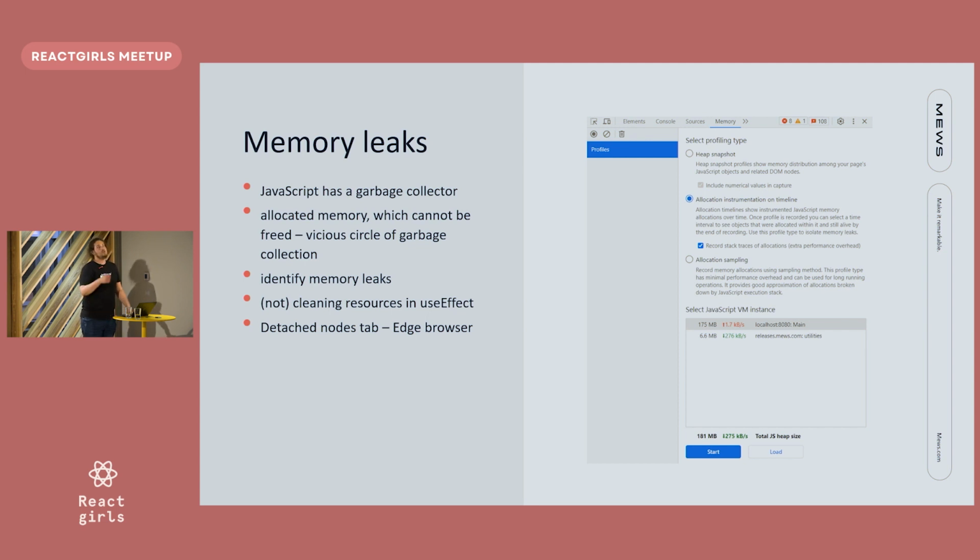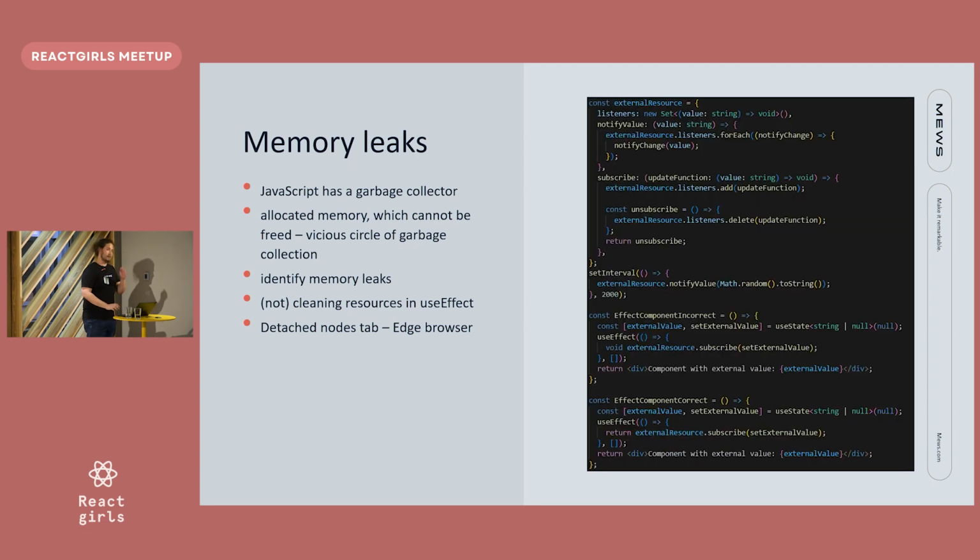These nodes are usually, for example, stale pages, and it can happen that you can't free them. However, there is a pretty cool extension in Edge, actually. So that's the only reason I found the Edge browser useful. It has a detached nodes step, which will allow you to go through all of the detached nodes and find out why it's leaking.